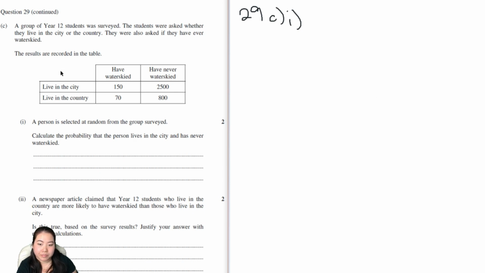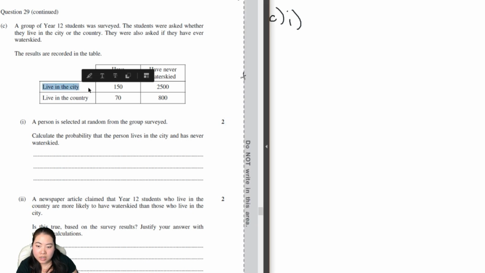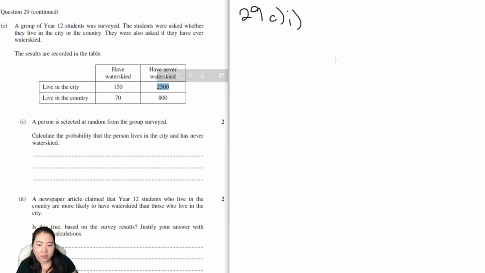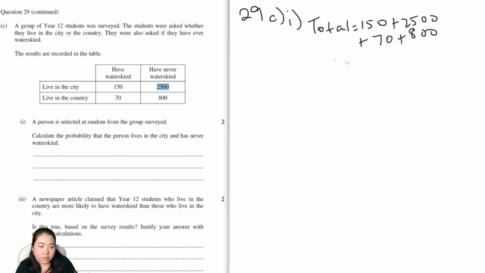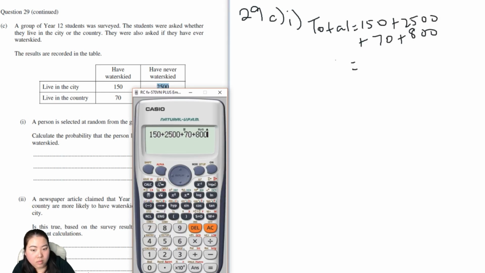2 marks. He lives in the city and has never water skied, so that's 2,500 people. The probability would be 2,500 over the total. Let's find the total first. It's 3,520 people.